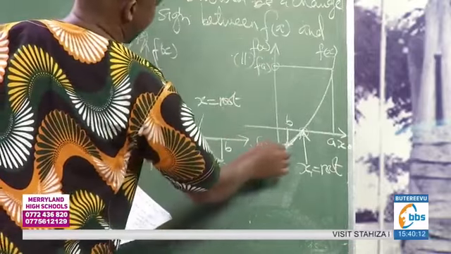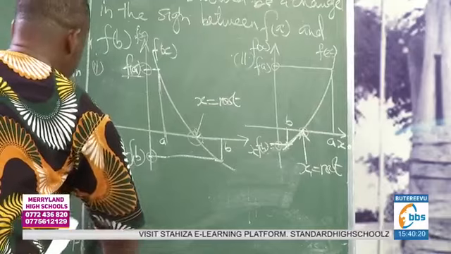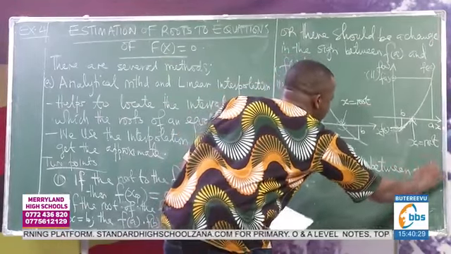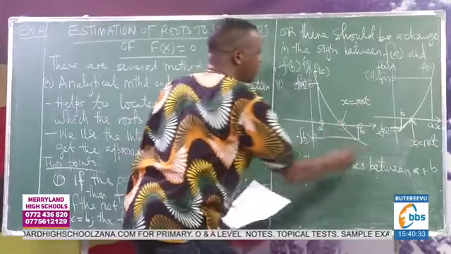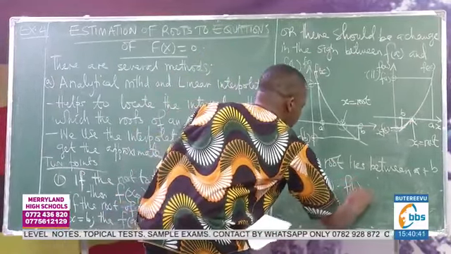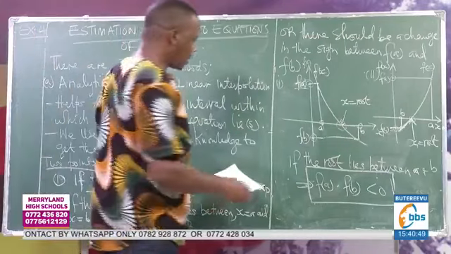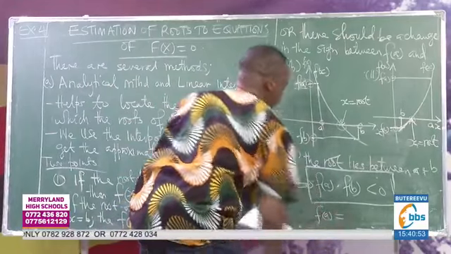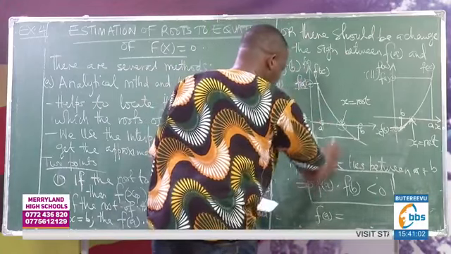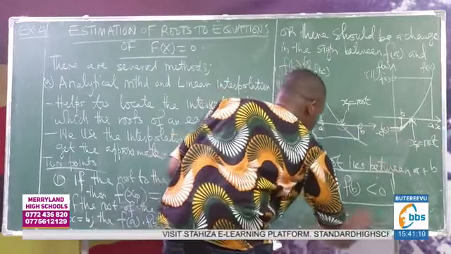Therefore, if the root lies between a and b, as I have already emphasized, a is here, b is here, and this is the root, then f of a times f of b should always be less than 0. This is the condition.